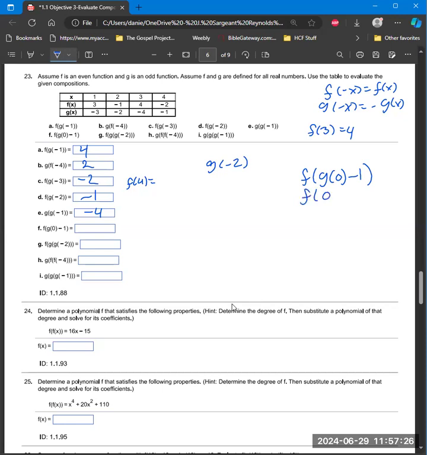We talked about that earlier. So that's f of -1, which is going to be 3.